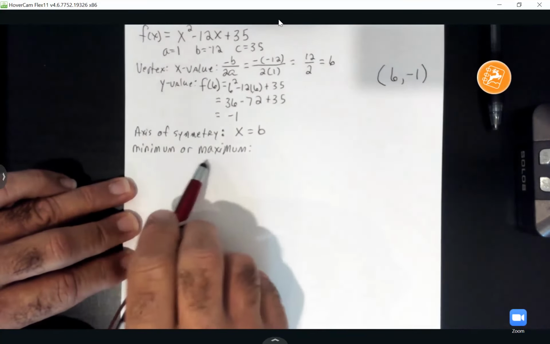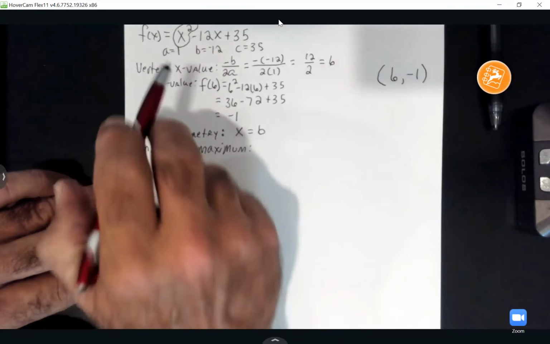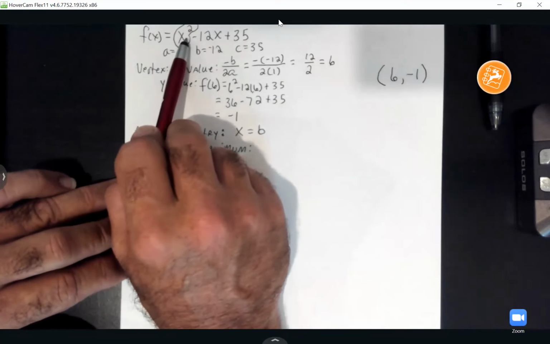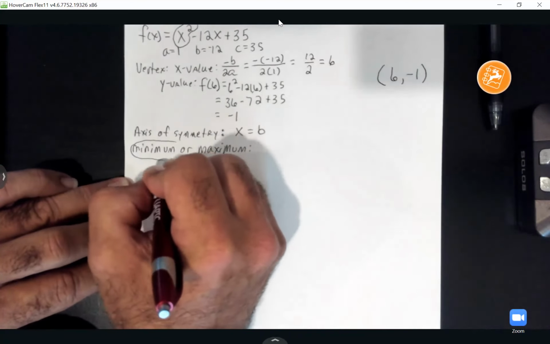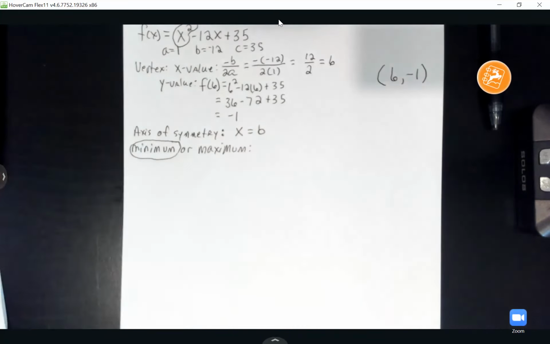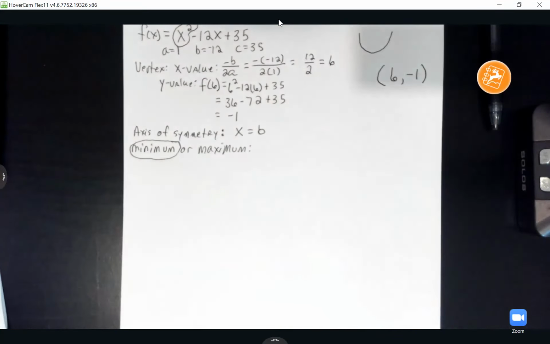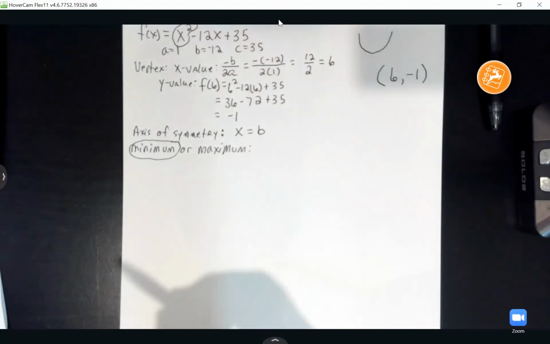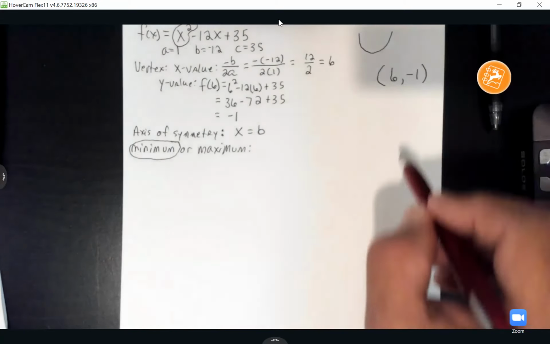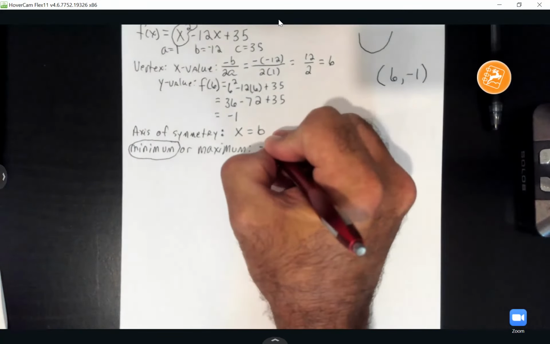Well, remember, for the minimum or maximum value, I'm looking at my x squared term. The x squared term is positive. So that means we have a minimum. So once again, this one's going to look like a U-shaped graph. So if the x squared is positive, it's U-shaped. When I do one later that's negative, it's going to flip it over, okay? All right, so what is that minimum value? Negative 1.